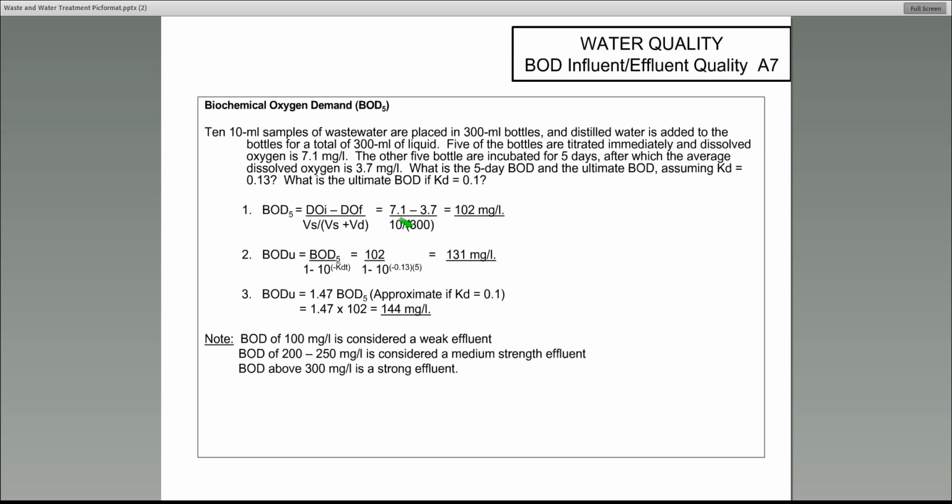The total volume, the sample plus the dilution water, is a total of 300. That gives you a BOD of 102. BOD of 300 is considered a strong effluent, and 250 is considered medium, and 100 is considered weak. So usually if you have a BOD of 100, your wastewater treatment plant may not work too well. If you have 300, it may go anaerobic.